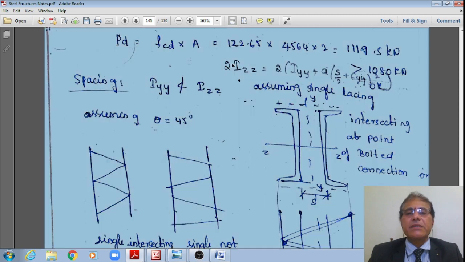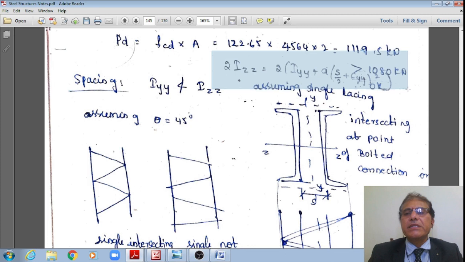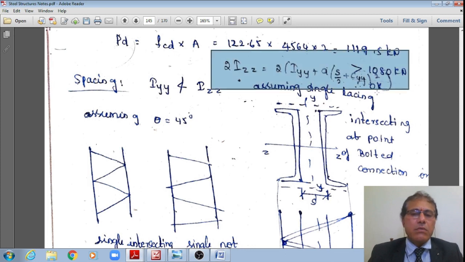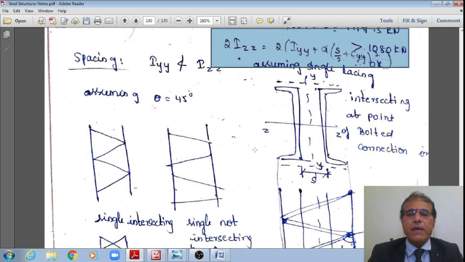Therefore, that indicates that IZZ for the two channel sections, 2 multiplied by IZZ of each channel, is equal to 2 multiplied by IYY of each channel plus area of each channel multiplied by h squared, where h is S by 2 plus CYY, whole squared.